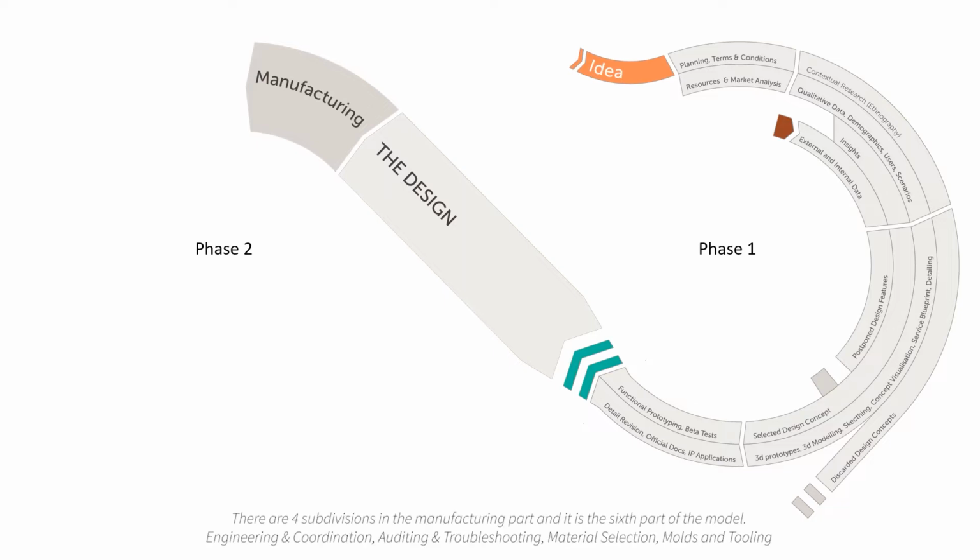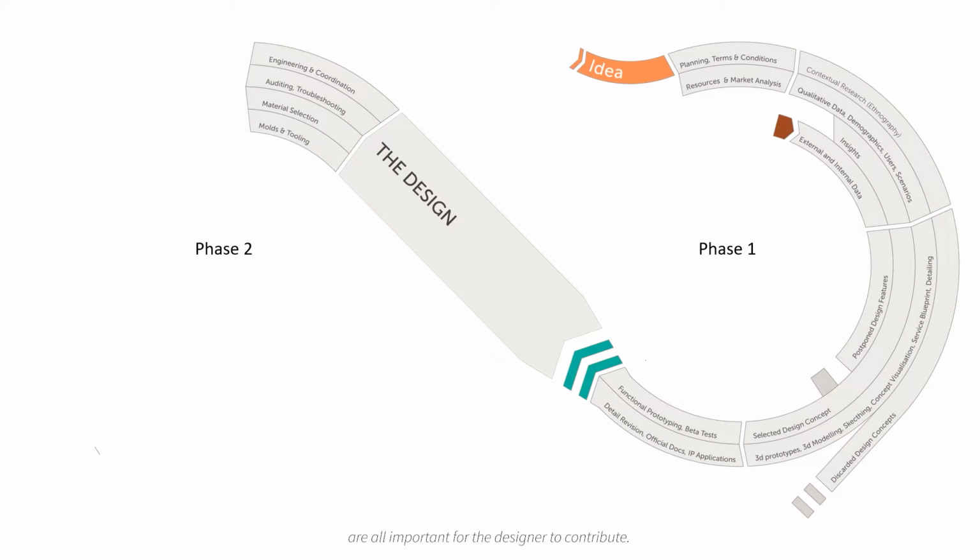There are 4 subdivisions in the manufacturing part, and manufacturing is the 6th part. As you can see, engineering and coordination, auditing and troubleshooting, material selection, molds and tooling are all important for the designer to contribute.